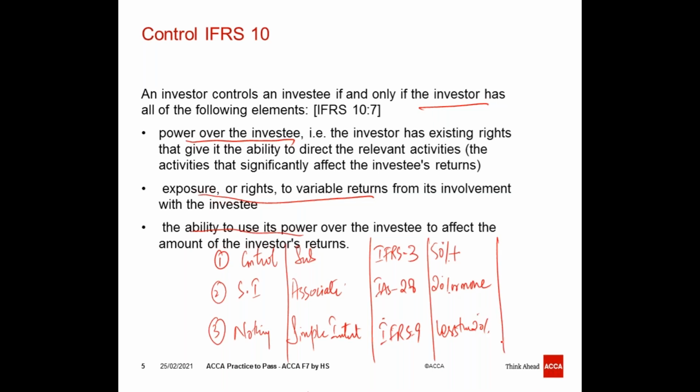The accounting treatment is that we do the consolidation for all the subsidiaries. Associates will be accounted for under the equity method, and investments will be accounted for under IFRS 9 at fair value, which could be fair value through OCI or fair value through P&L.